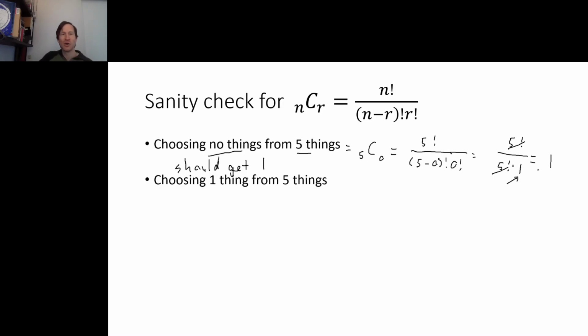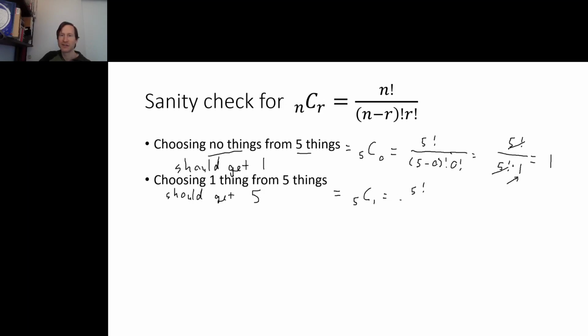How about choosing one thing from 5 things? Again, in this particular example, we know what we should get. If you have 5 different things and you need to choose one of them, how many possible choices can you make? Well, you can make 5 possible choices. You can choose the first one, the second one, the third, the fourth, or the fifth. So we should get 5 out of this n choose r formula. So let's try it. The number of ways of choosing one thing from 5 things should be 5 choose 1.